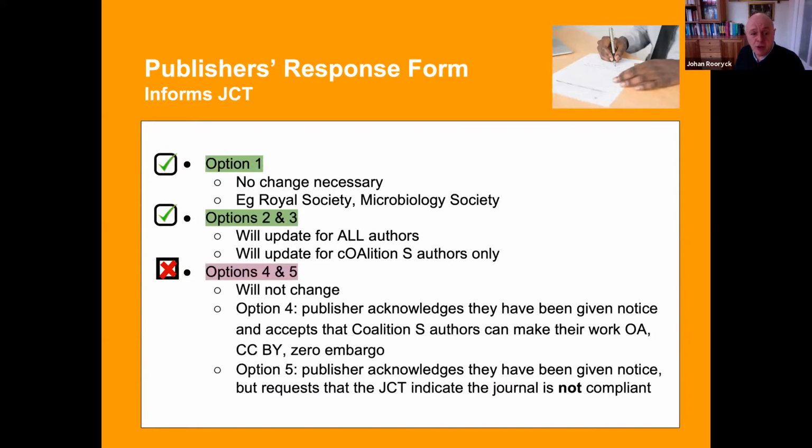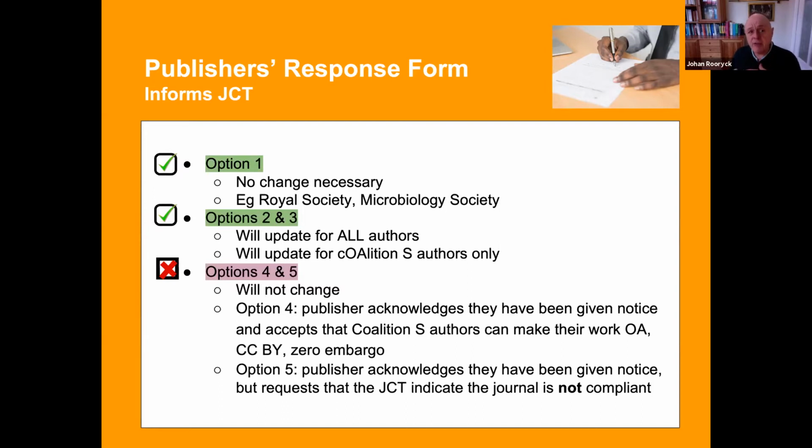Then there's options 4 and 5. Option 4 is basically, the publisher acknowledges that they have been given notice, and they simply accept that Coalition S authors will make their work open access, but they do not change their policy. So that's basically, we close our eyes, we don't want to know about it, but we allow it, right?